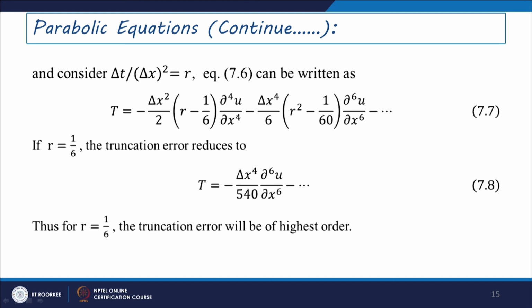If you consider r equals 1 by 6 here, then this truncation error reduces to minus of del x to the power 4 by 560 del 6 u by del x to the power 6 minus the rest of the terms. For r equals 1 by 6, the truncation error will be of highest order here. Thank you for listening to this lecture.